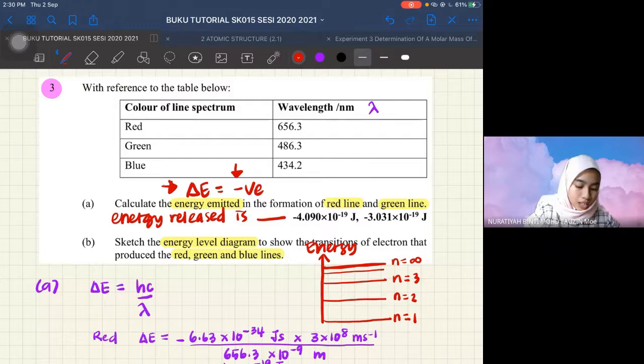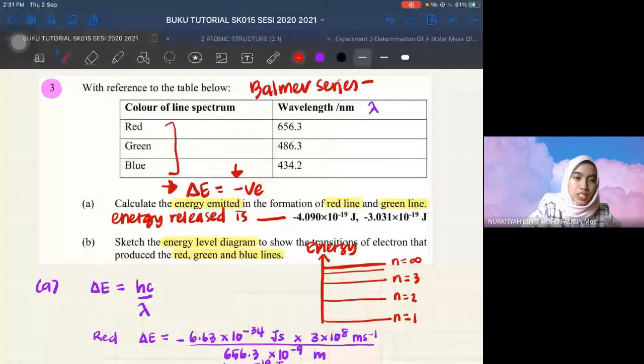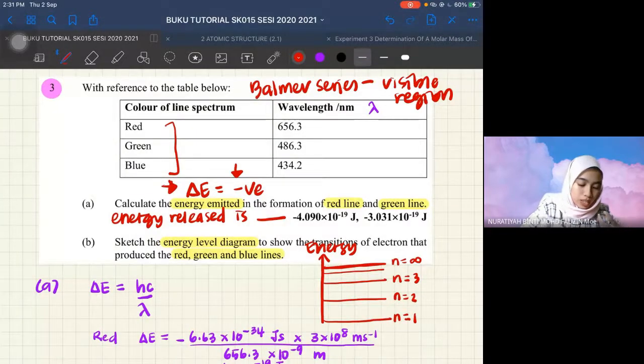It is Balmer series, because you have colours, so it is in the visible region. For the Balmer series, your final n will be 2. So all your electrons from above will drop to energy level 2.